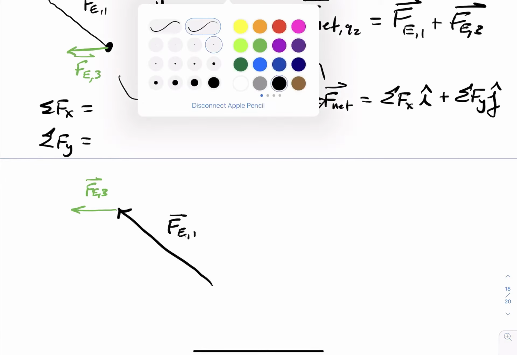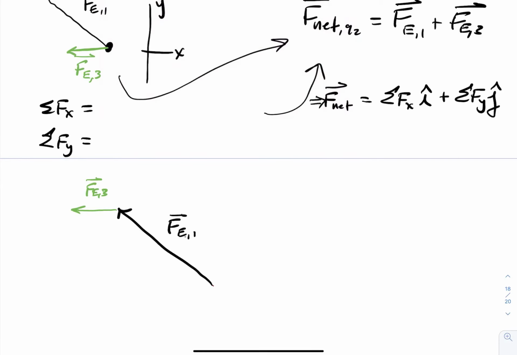So I'll actually do our resultant in red. This would be F net. And as you can see, the total force has a horizontal component and a vertical component. F net in the y direction and F net in the x direction.